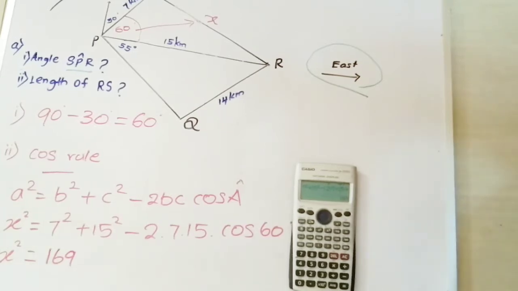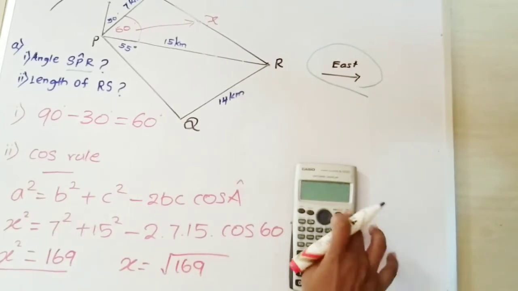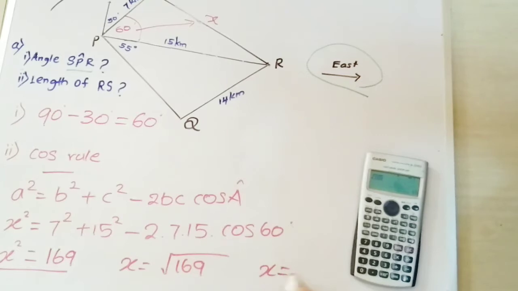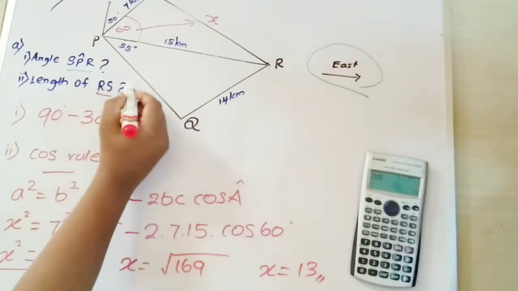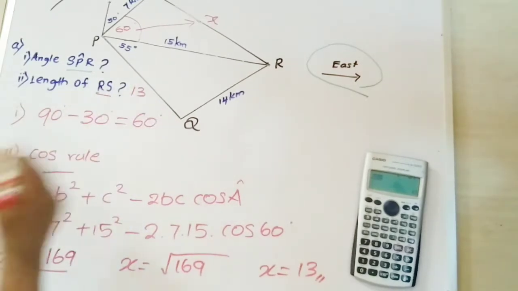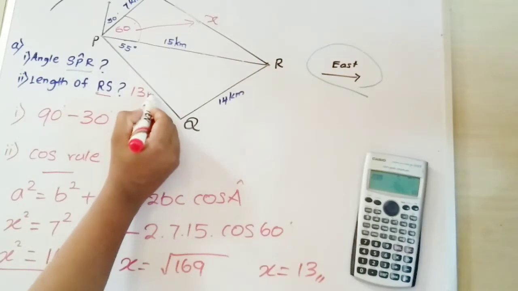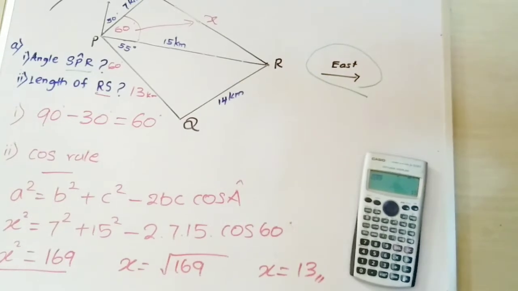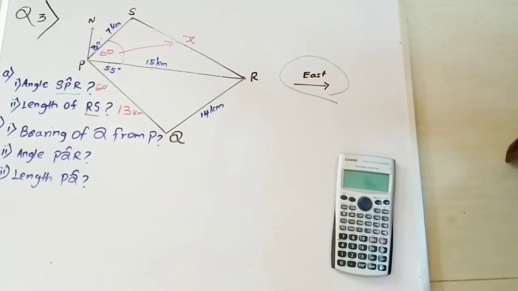But here x square is 169. So what's the value of x? Square root of 169 is 13. So x equals 13. The answer for the length of RS is 13 kilometers. Angle SPR is 60.